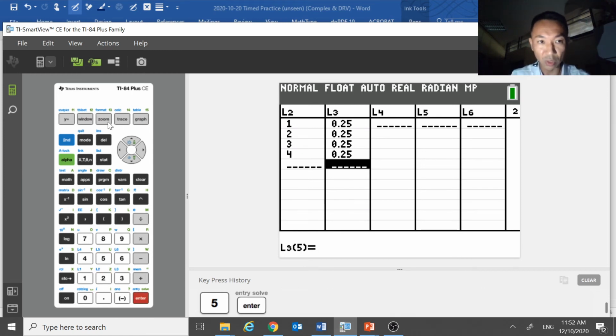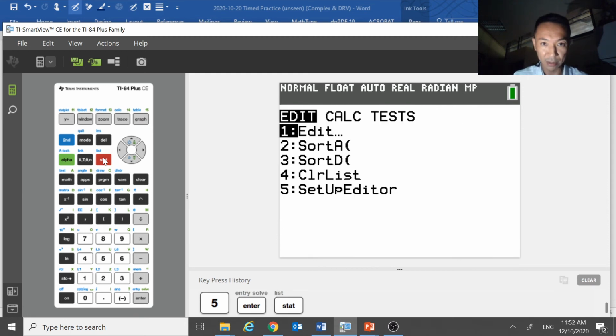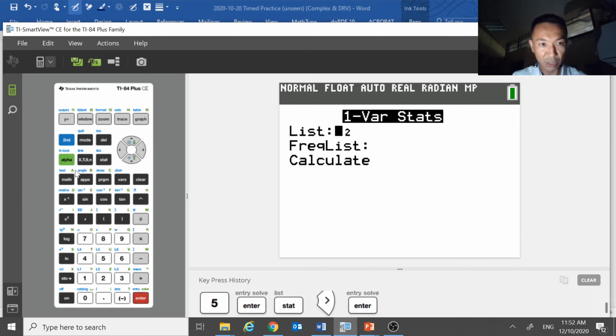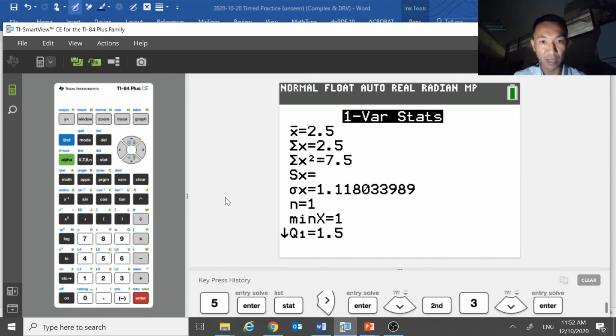What you want to do is to calculate the mean. You can treat this as the frequency, and then calculate the mean. The frequency is 0.25. Then go to stat, calculate, one variable stat. Leave this as L2, with L3 as the frequency. You can calculate your X bar is 2.5.